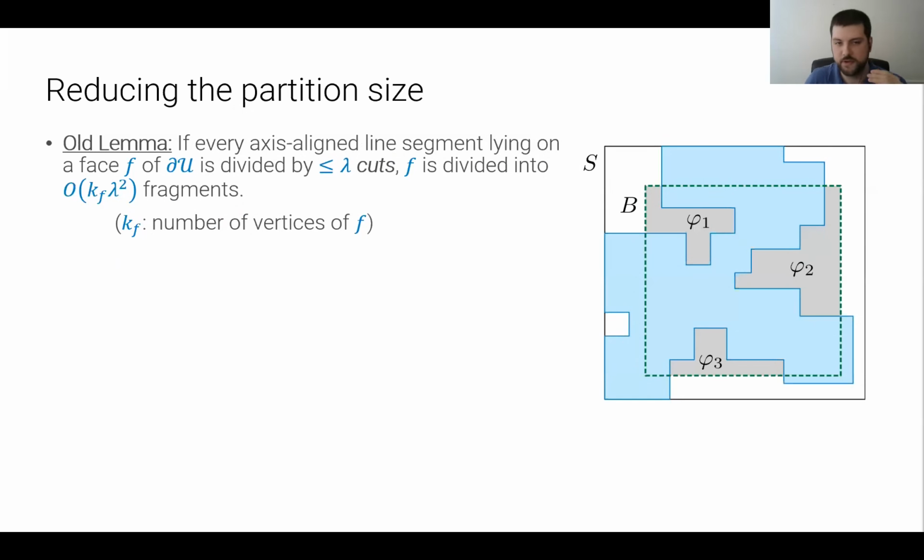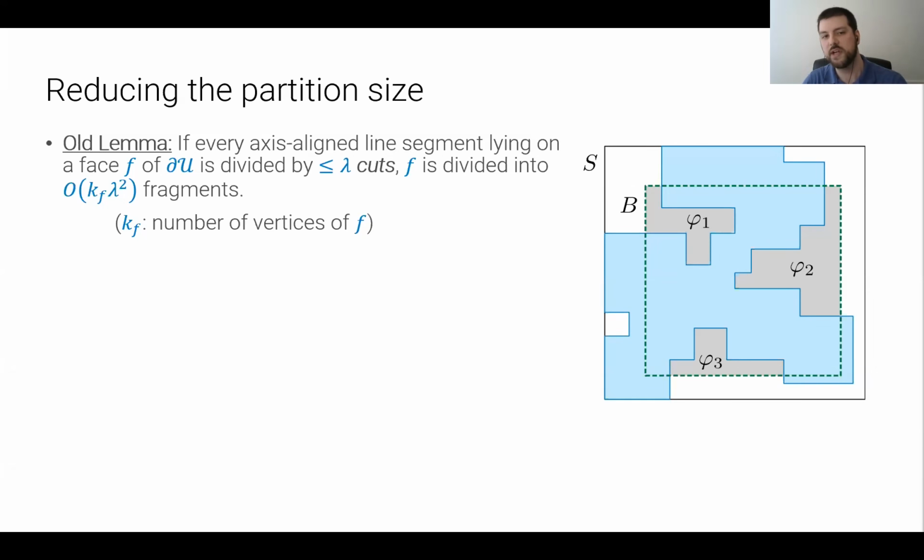So graphically in this figure on the right, we have an example of a square face S, and in 2D, a box B that's intersecting through face S. And phi1, phi2, phi3 are fragments that lie on S. So what is shown in blue is the interior of the union, and what is white and gray is the part of the boundary that lies on S.